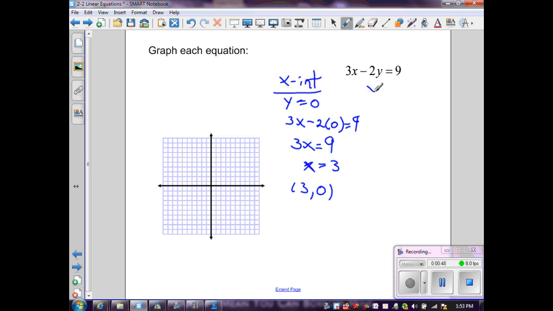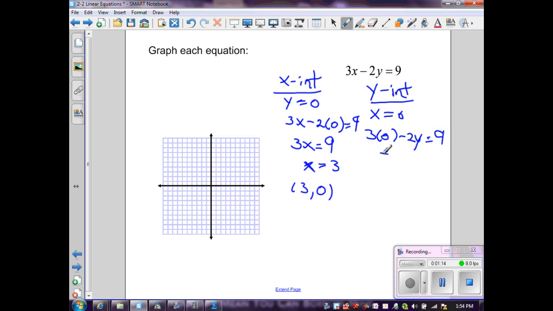My y-intercept is found by letting x be 0. Substituting, 3 times 0 minus 2y equals 9.